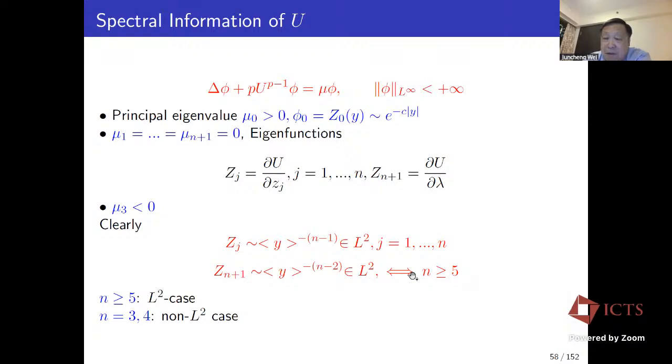In the Brezis-Nirenberg problem for n greater than 4, the result is different from n equals 3. N equals 3 is a slow decay case. So here we have n greater than 5, we call the L2 case, and n equals 3 and 4, this is the non-L2 case. So today I will discuss the L2 case, and tomorrow I will do the non-L2 case.